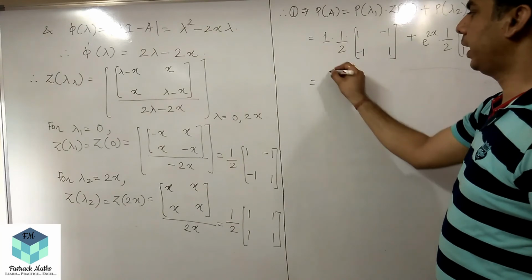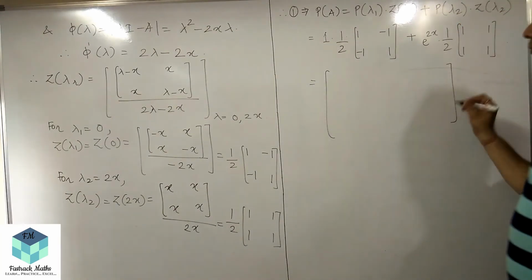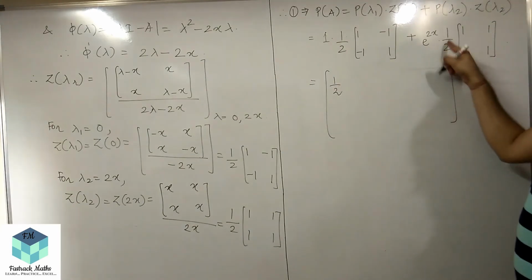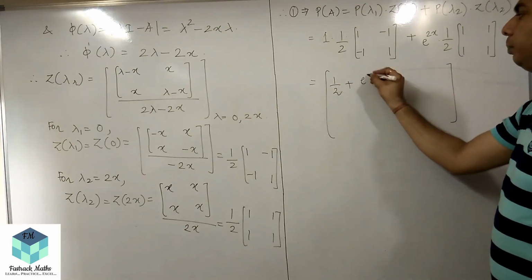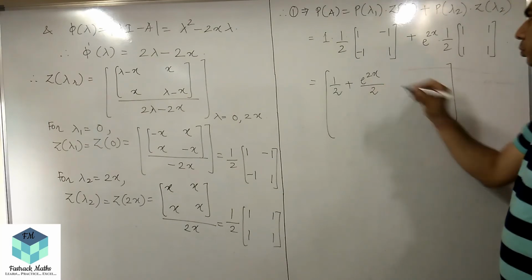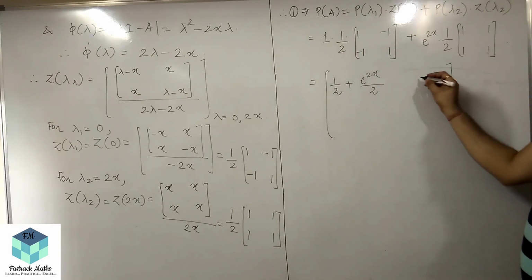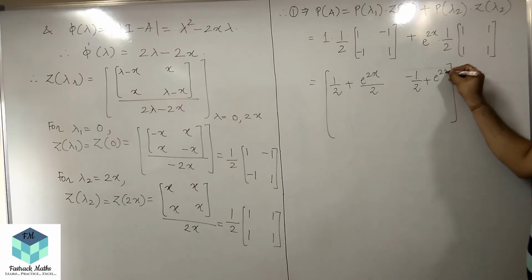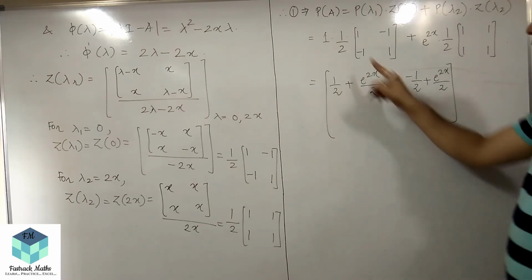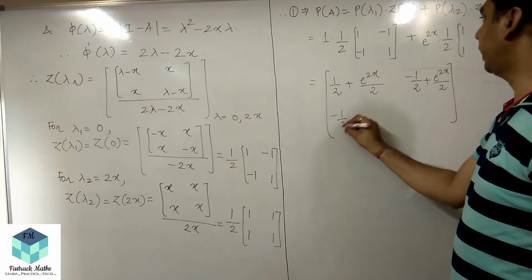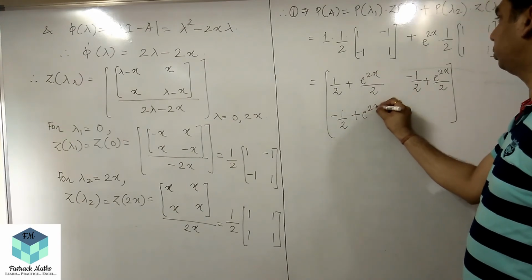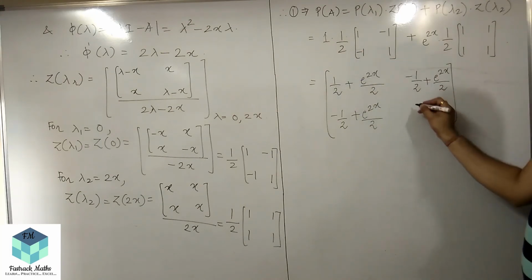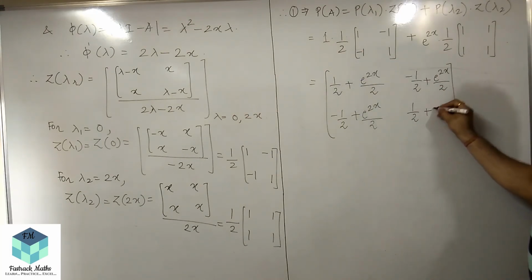So this can be written as: it is 1 by 2 plus e to the power 2x by 2, then this is minus 1 by 2 plus e to the power 2x by 2, then this is minus 1 by 2 plus e to the power 2x by 2, and finally it is 1 by 2 plus e to the power 2x by 2.